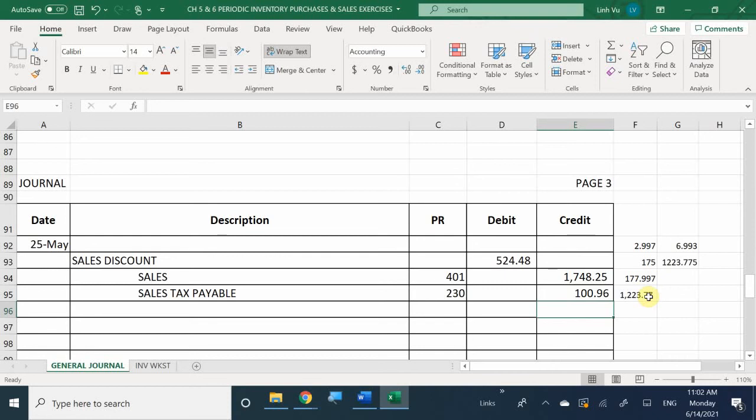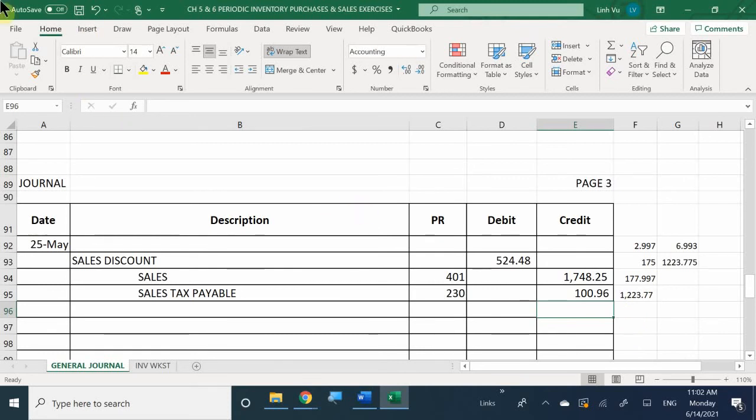In this case, 1748 is not what I sell. That's my original price, but I took a discount of $524.48. So therefore, I should be charging sales tax based off of the 1223.77 to get $196.